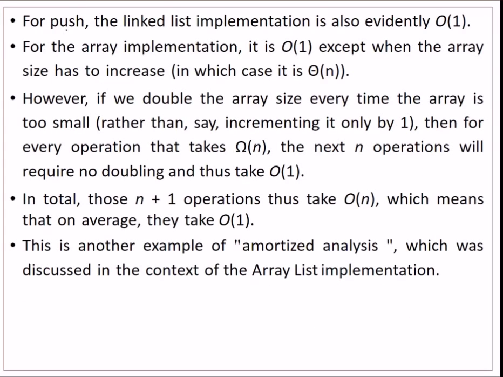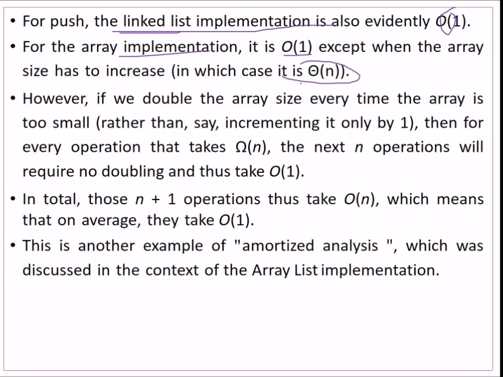And what about push? For pushing, the linked list implementation also takes this much time. For the array, this is order of 1, no doubt. But when you are forced to increase the size of an array, that will take order of n time.